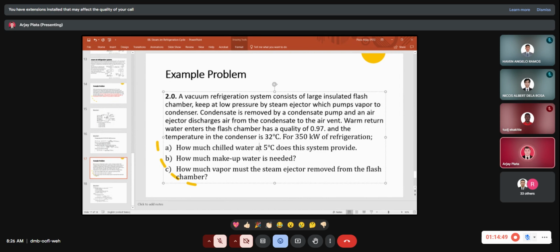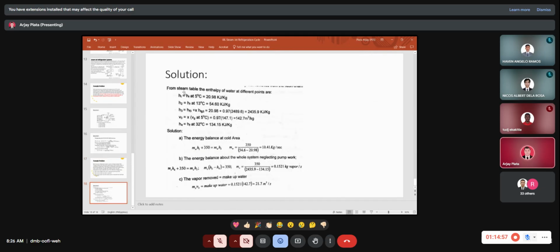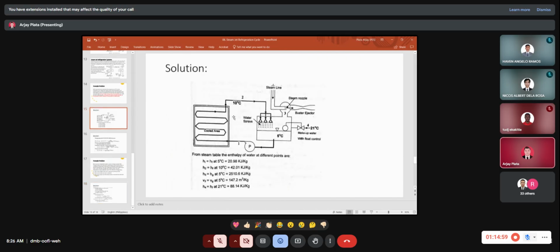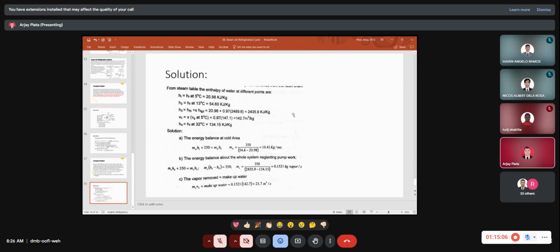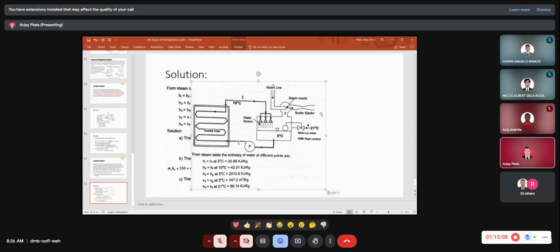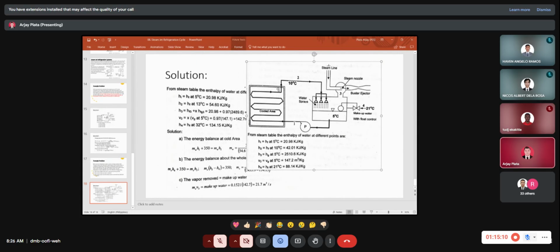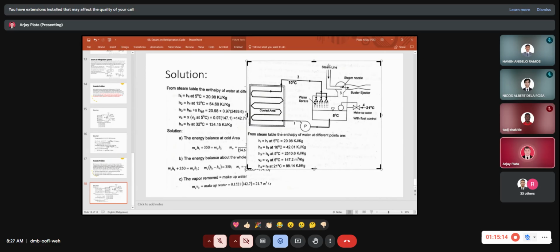But first, we have to identify the different properties or enthalpies in this system. So we calculate the enthalpies. So H1, I'm going to copy this para may diagram tayo.